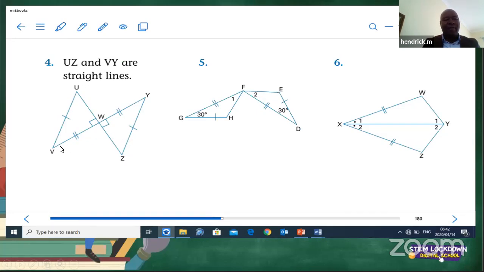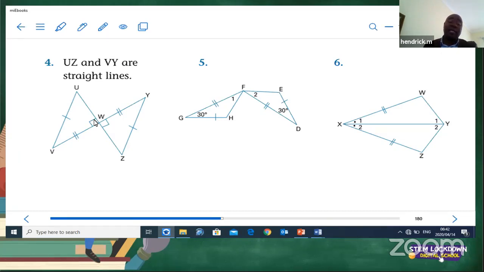You are also given that VW is equal to WY. But at the same time, you are given a right angle there. At ZWY, that's a right angle. VWY, the first angle, that's also a right angle.